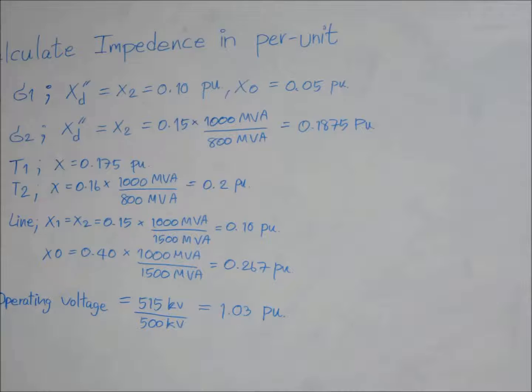The line impedance positive sequence equals negative sequence equals 0.15 multiplied by 1000 divided by 1500 MVA equals 0.1. Zero sequence equals 0.267. Operating voltage equals 1.03 per unit.